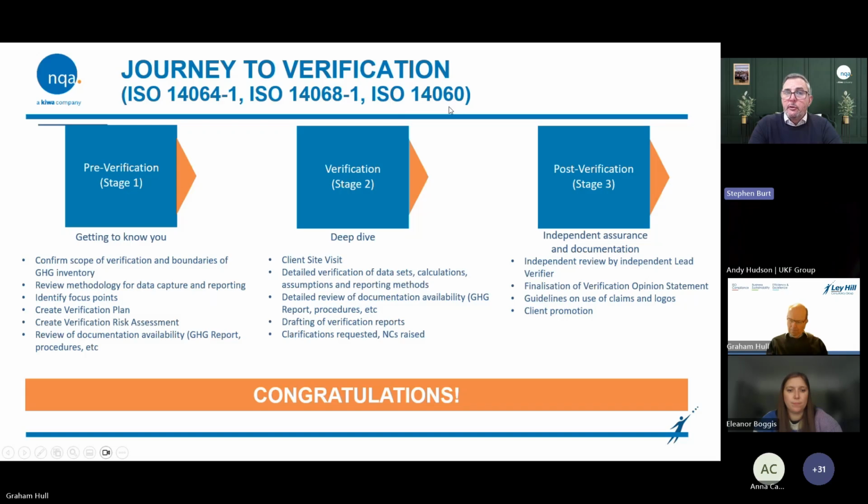It uses carbon neutrality as a mechanism to achieve net zero. It's based on ISO 14064. It uses the same greenhouse gas quantification methodologies. And much as Ellie had the nice graph of the science-based target working towards the ultimate net zero target, this is exactly what ISO 14068-1 involves as well. So we offer verification to that.